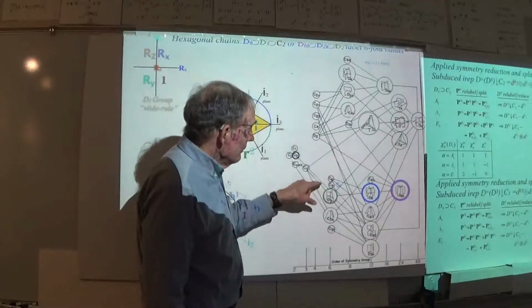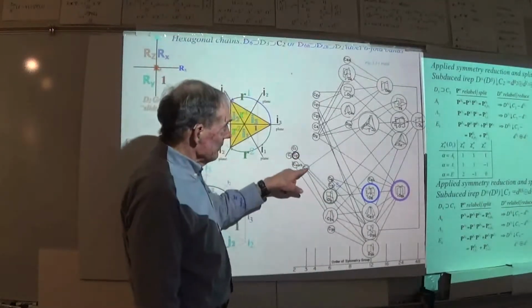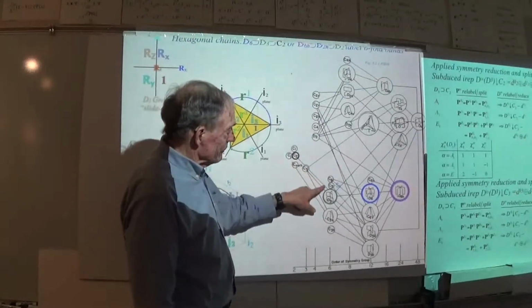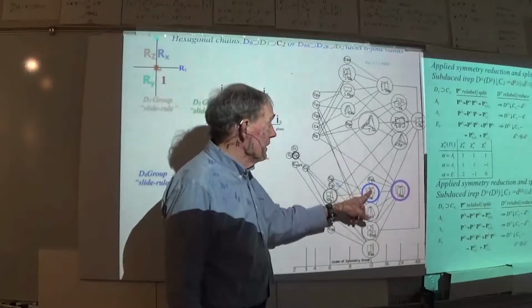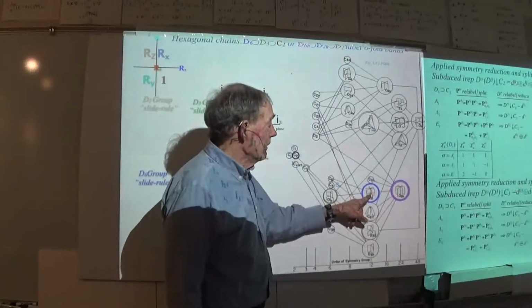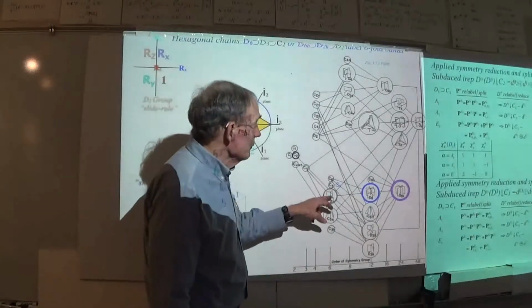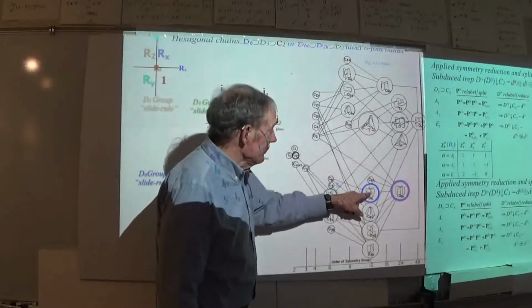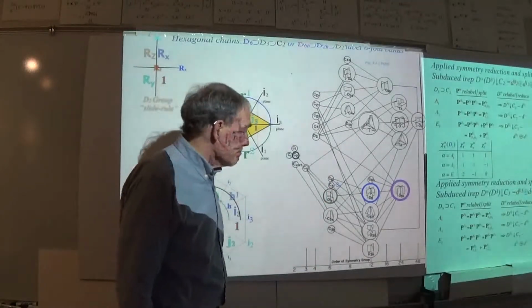Okay, so the D3, as we already know, has a subgroup C2. It also has a subgroup C3. So that's what those two lines indicate. Now, D3 is a very nice normal subgroup of D6. And normal will be a definition we'll get used to. And of course, D6 has C6 as a subgroup. We'll look a little bit at that.